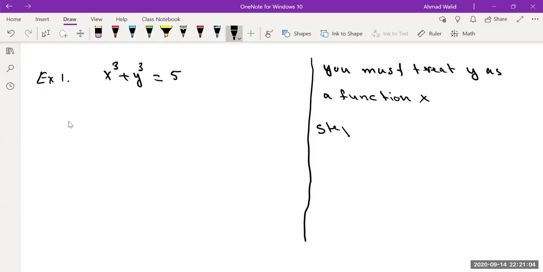Now, step 1. In step 1, take the derivative of both sides, correct?